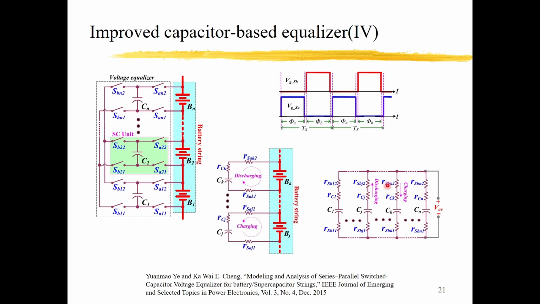Then it comes back to the first stage again, with the capacitors parallel to the batteries, and then the second round of energy transfer. By this method, the energy transfer is not limited to the neighboring batteries. The energy transfer actually happens in this stage, and all the batteries are participating.